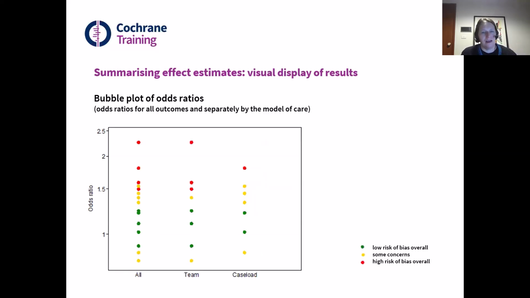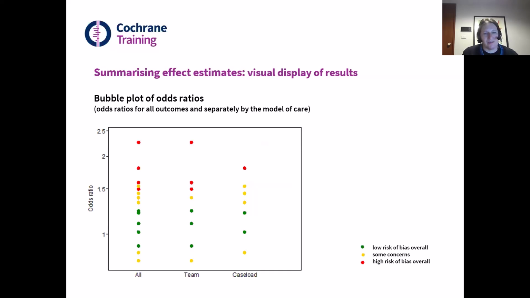Another natural pairing for this type of method, another visual display, is a bubble plot. This is particularly helpful where you only have a smaller number of effect estimates. So here again, we've got all the odds ratios for the 15 studies. Those at a low risk of bias, some concerns, and high risk of bias are indicated by the color of the dot.